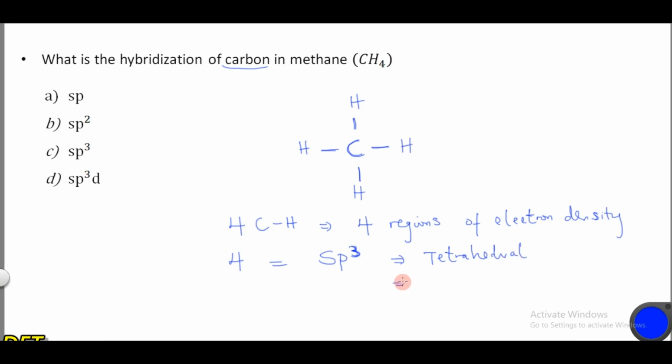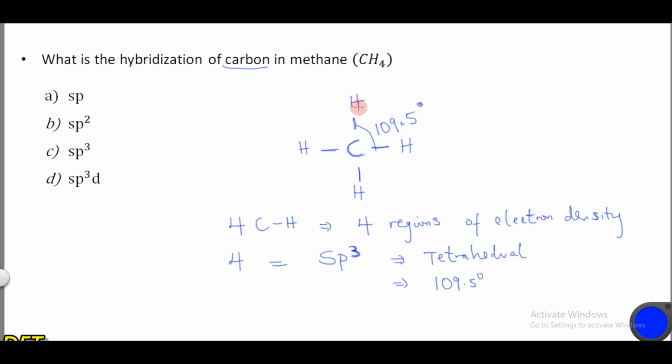And the bond angle will be 109.5 degrees. You can see that the shape of this molecule is tetrahedral and the bond angle is 109.5 degrees. So that is that for the hybridization of carbon in methane.